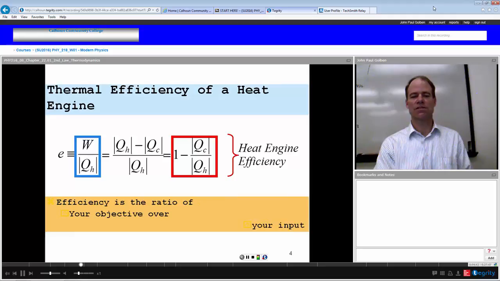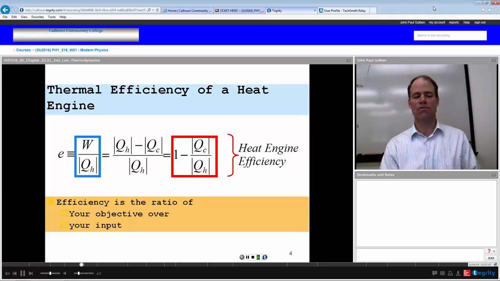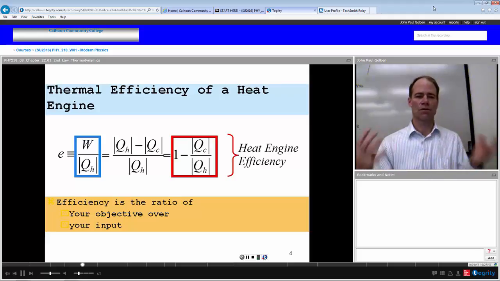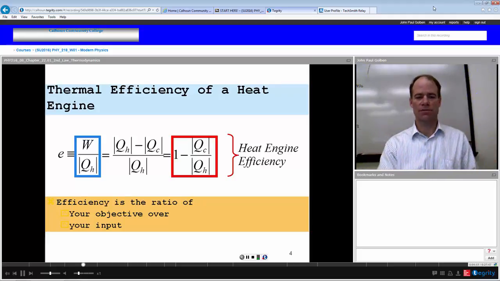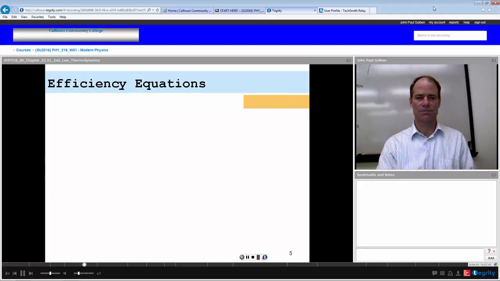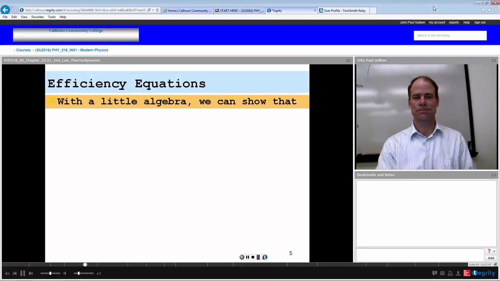So efficiency is the ratio of your objective, what you hope to gain, over your input, in this case from the hot reservoir. That is our efficiency.